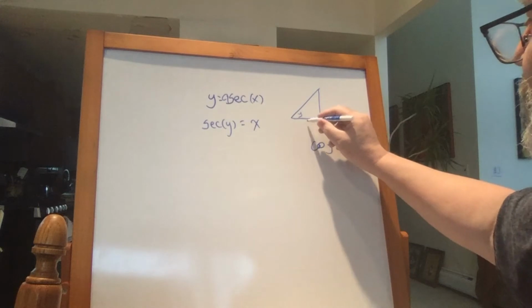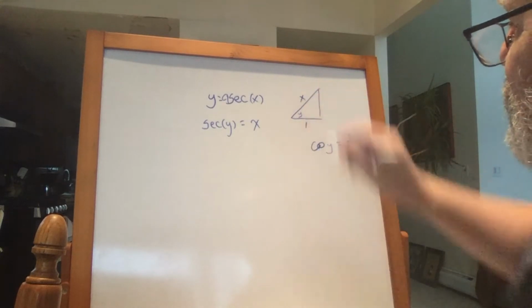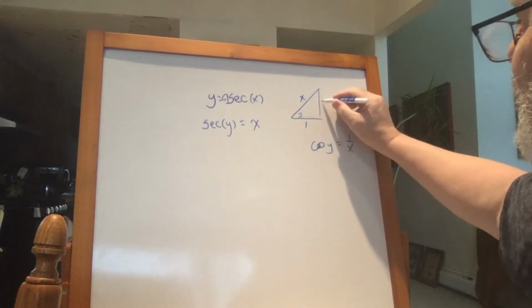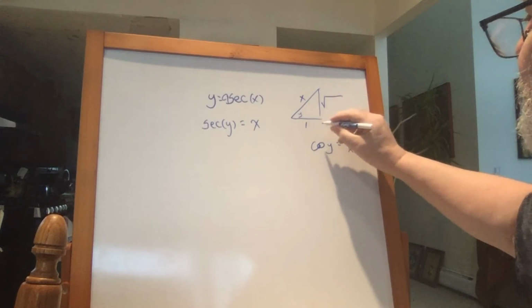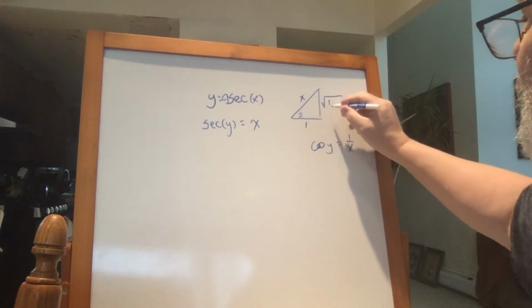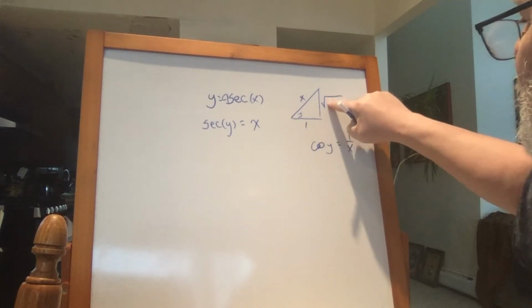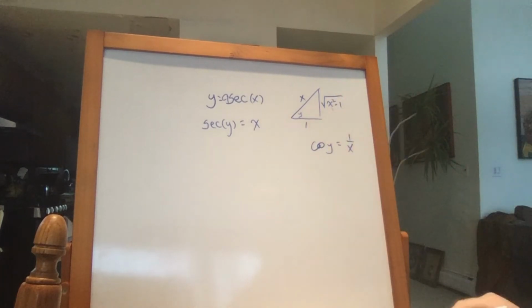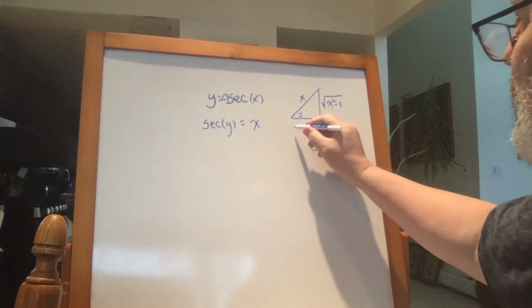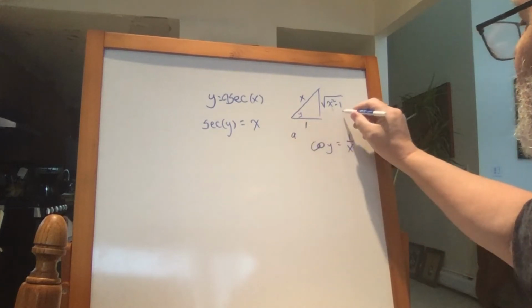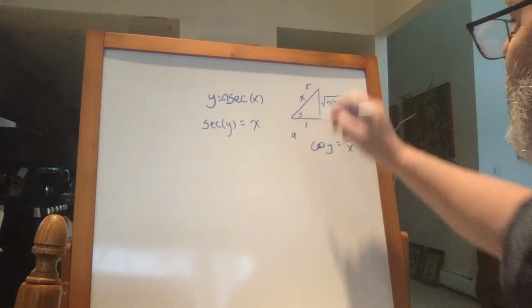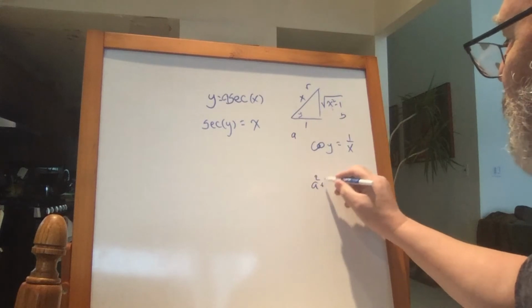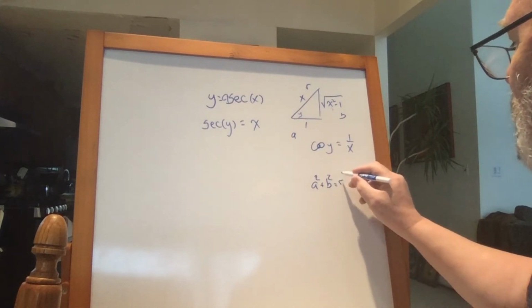So that would be 1 and x there, and this would be the square root of x squared minus 1, because you've got a, b, and r. a squared plus b squared equals r squared.